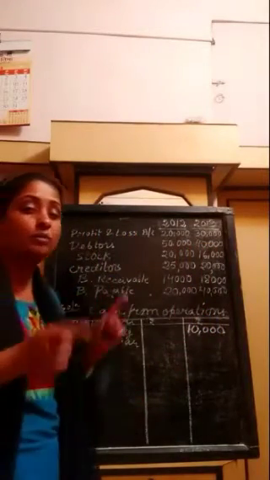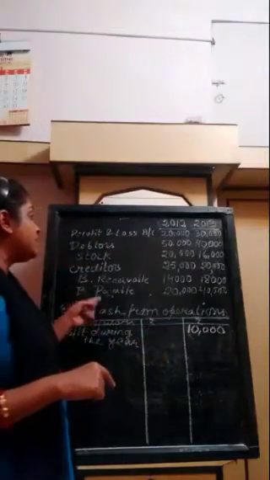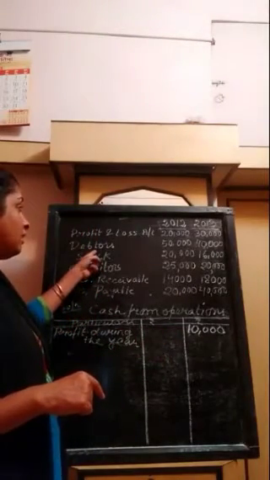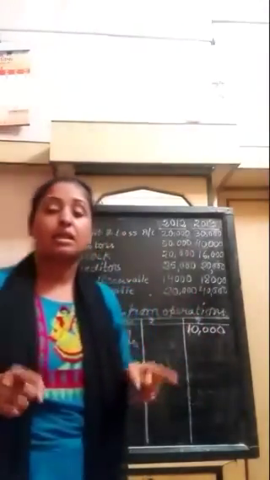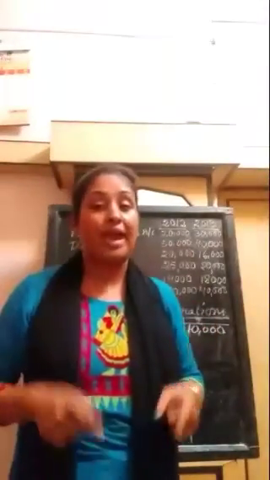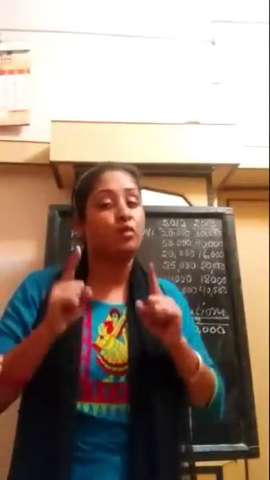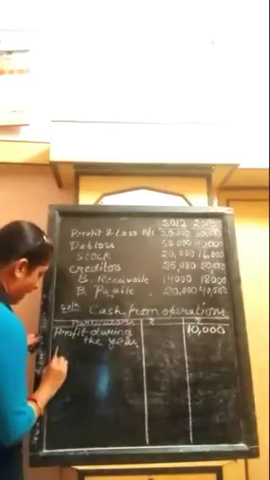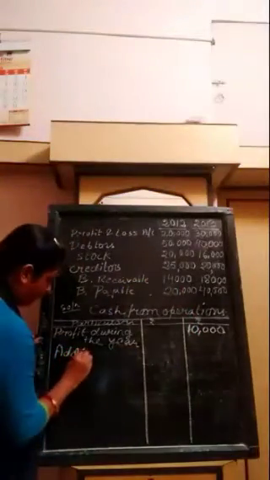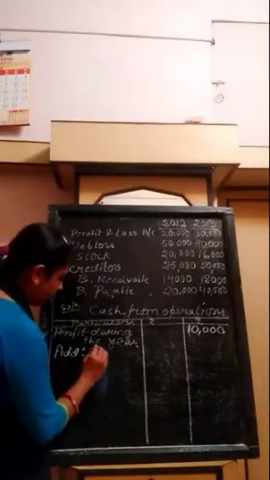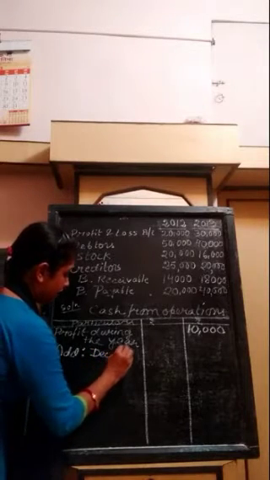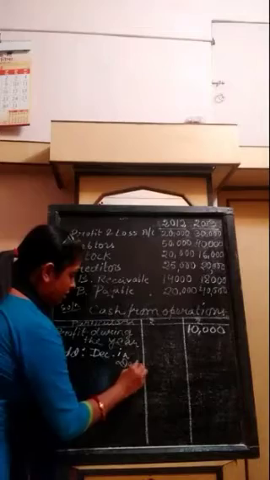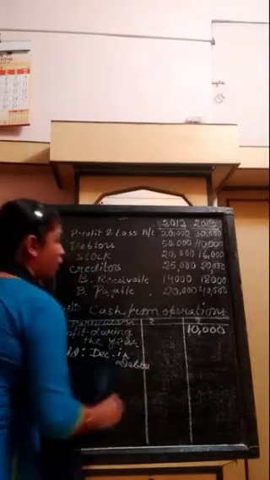What I have told you in my earlier class is that a decrease in current asset means an increase in the cash flow, and an increase in the cash flow means you have to add it with the net profit. So add decrease in debtors. How much has it decreased? It has decreased 10,000.